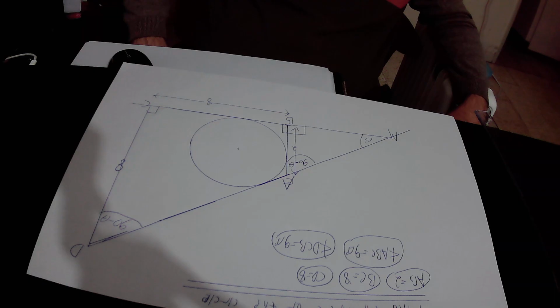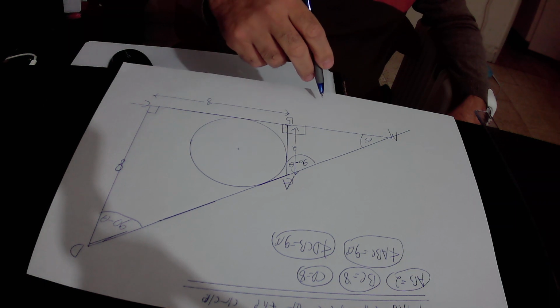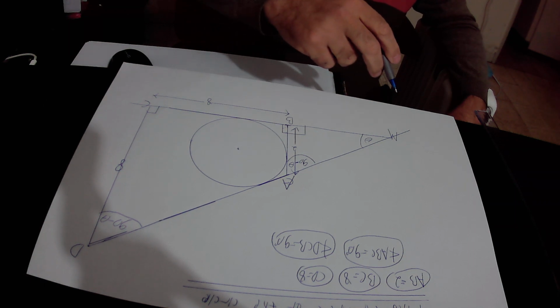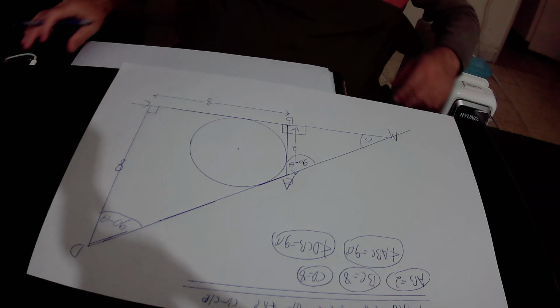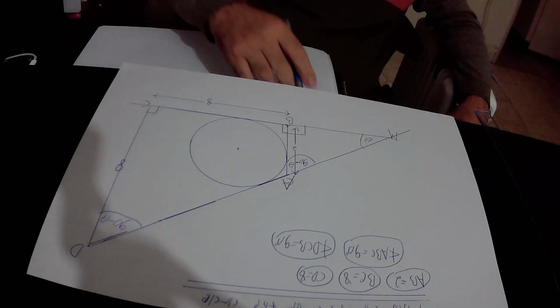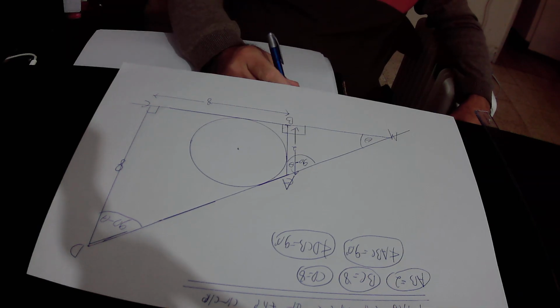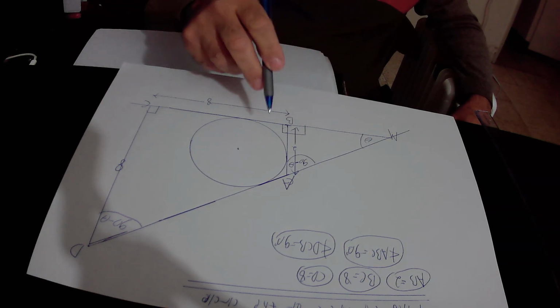In the next step, we'll prove that the small triangle MAB is similar to the big triangle MDC. Okay, so the big triangle is MDC, and it is similar to the small triangle MAB.